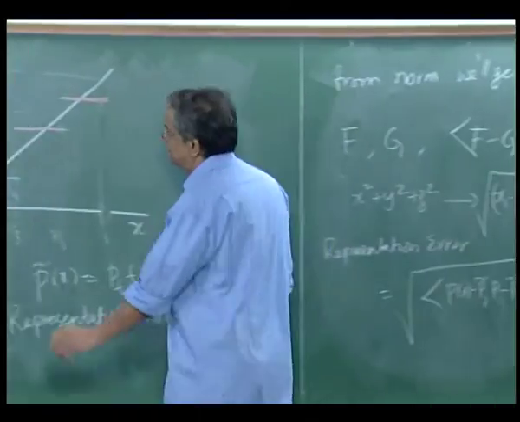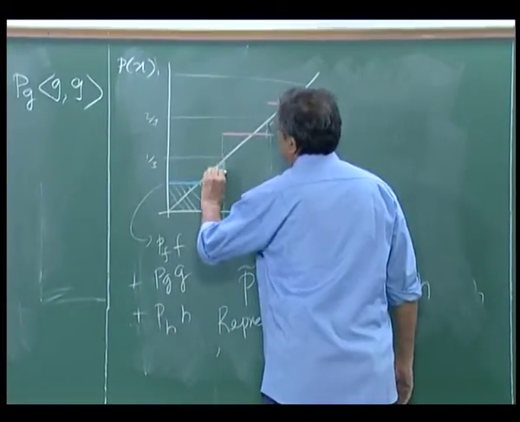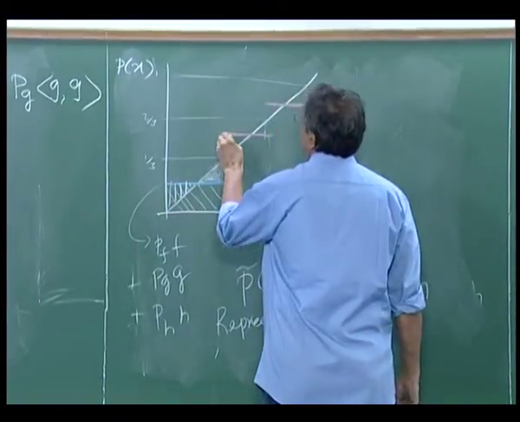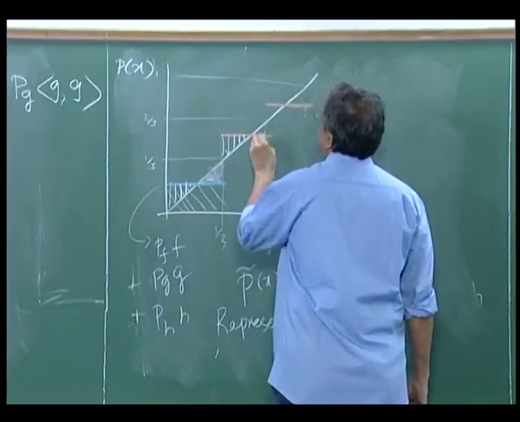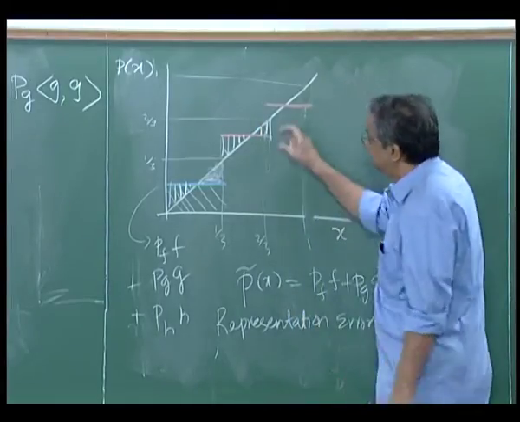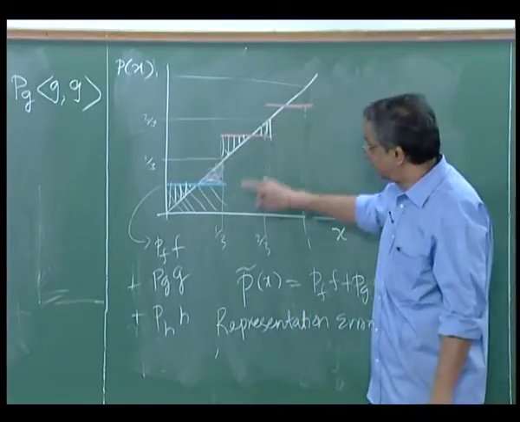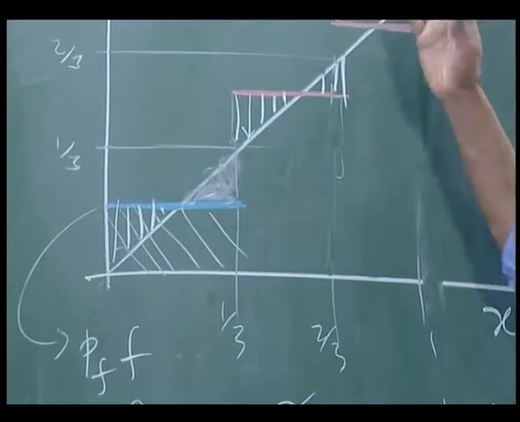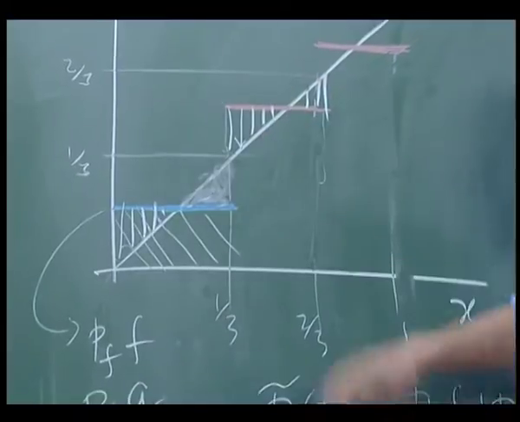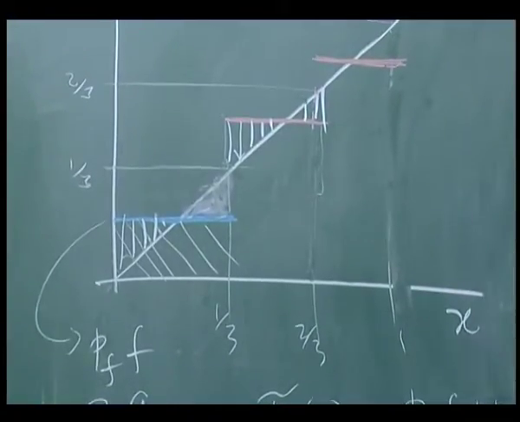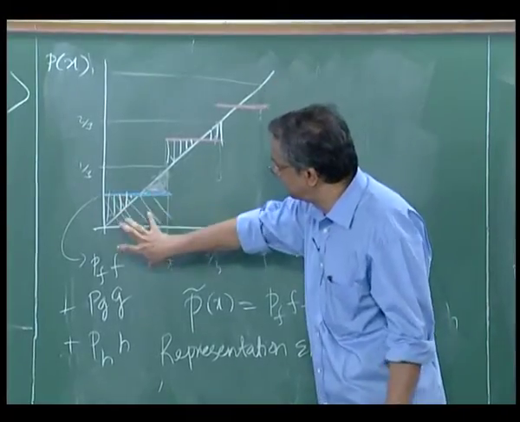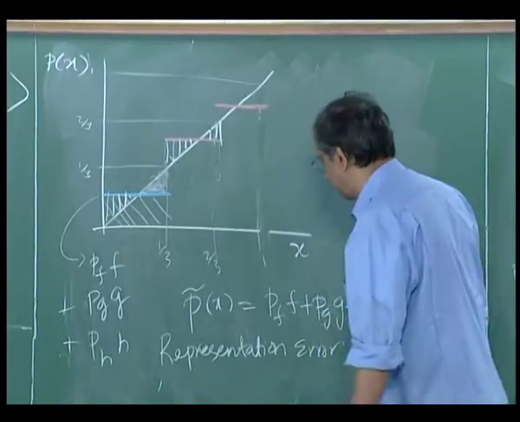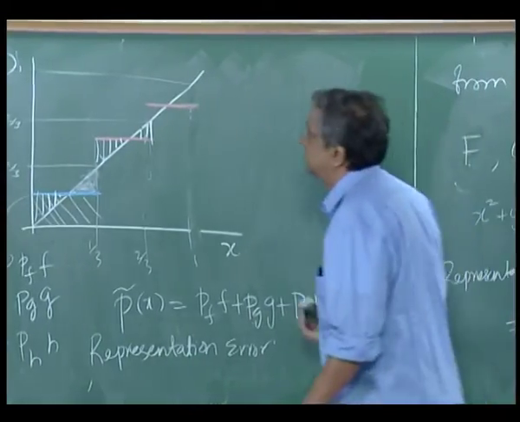Let us get back to this: p minus p tilde is this distance. In fact, if you look at these three intervals, p minus p tilde happens to be the same. So if I find p minus p tilde for the first one, I do not have to repeat it for all three.